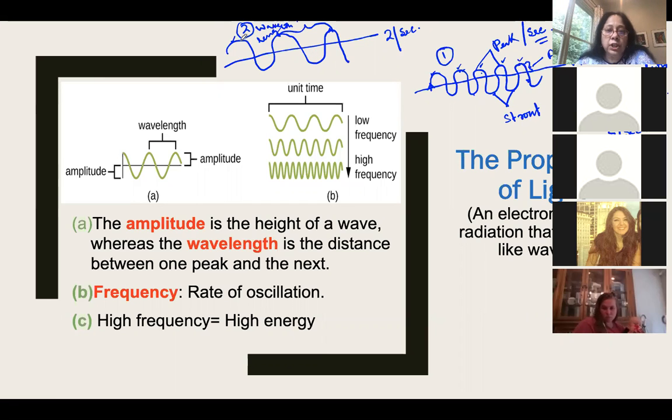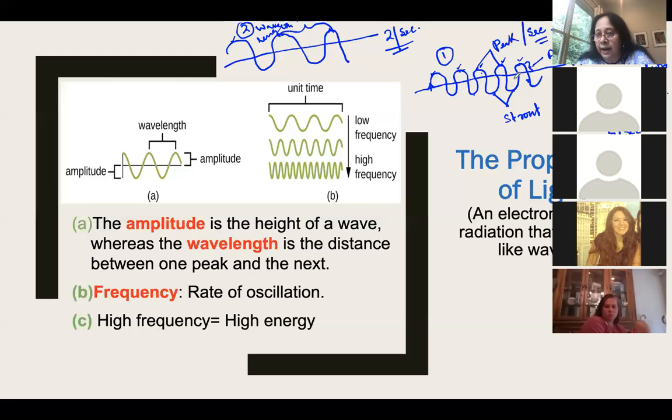The frequency of the second picture is 2 per second. Now if we compare the wavelength, here the wavelength is from here to here. So what's the difference between these two pictures?